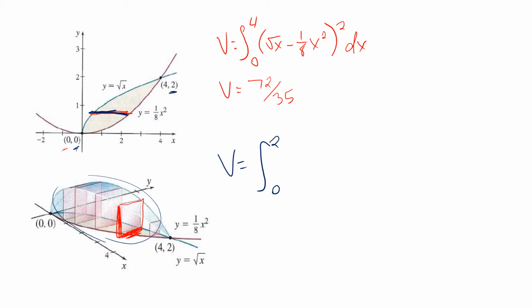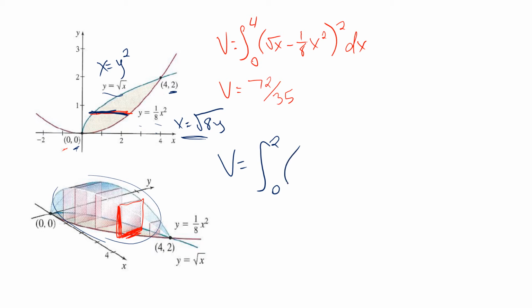and we have to solve for our x's in terms of y. This one over here we can square to get x equals y squared. Down here we can multiply by 8 and then square root to get x equals the square root of 8y. And this one is now the top one because it's the one furthest from the axis.